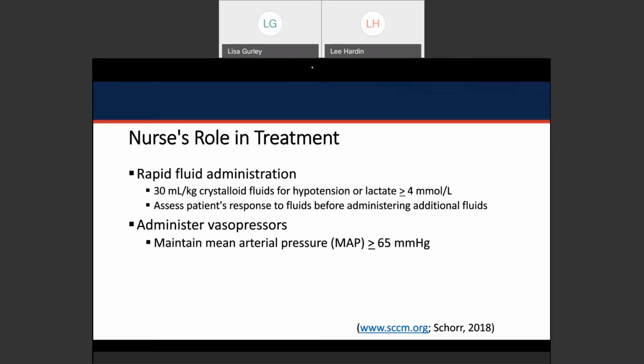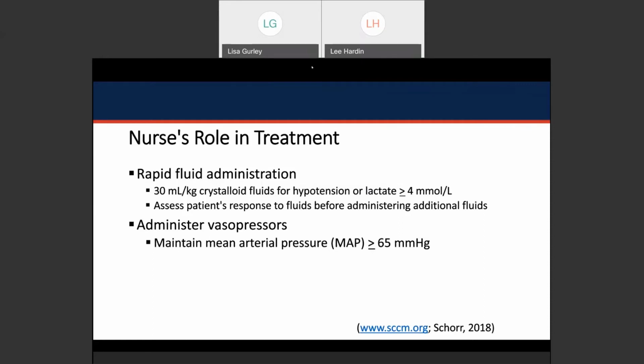It's important not to delay fluid administration, which is the next step: rapid fluid administration. If the patient needs fluid, this might be the very first step that we do. Patients experiencing sepsis often have decreased perfusion and even septic shock, so rapid administration of crystalloid fluids is indicated for hypotension or elevated lactate levels.